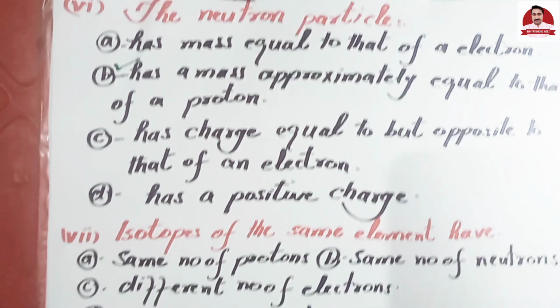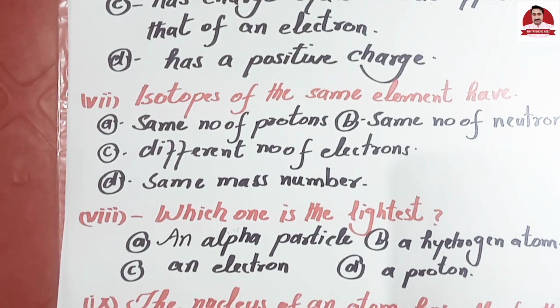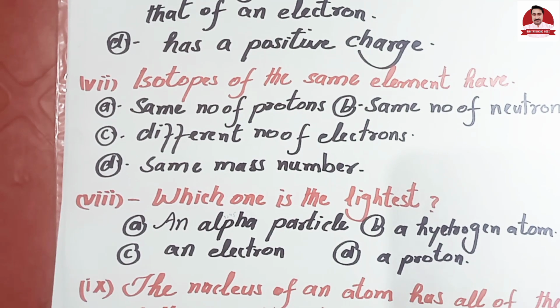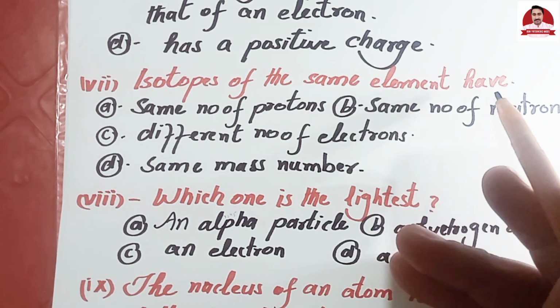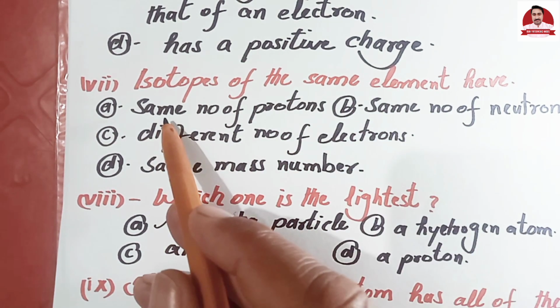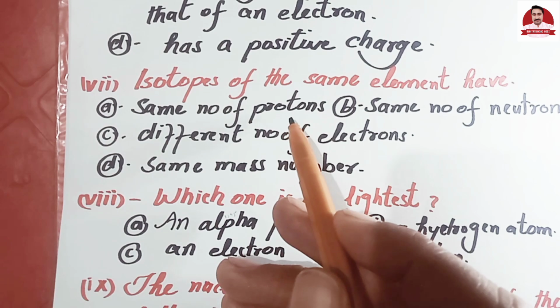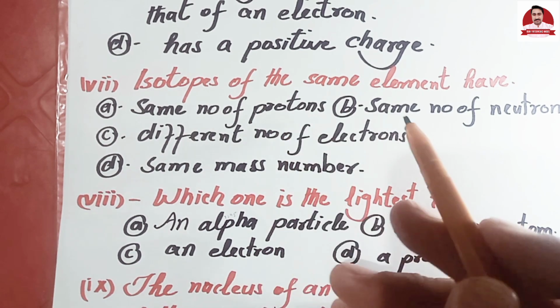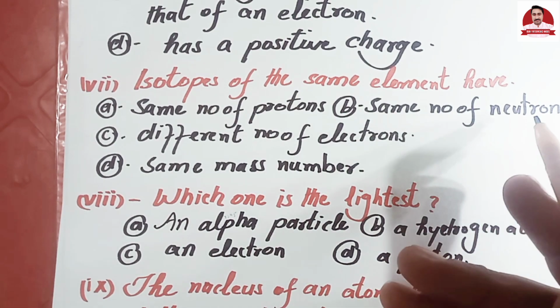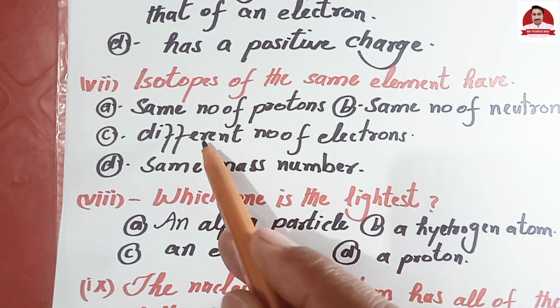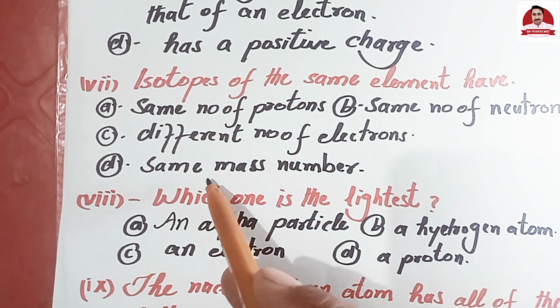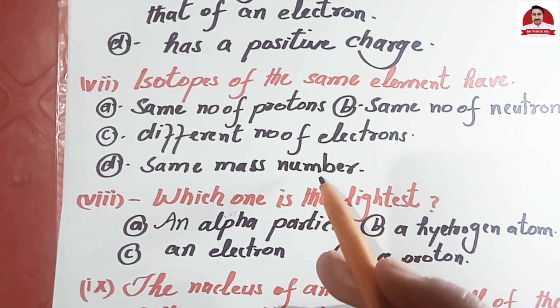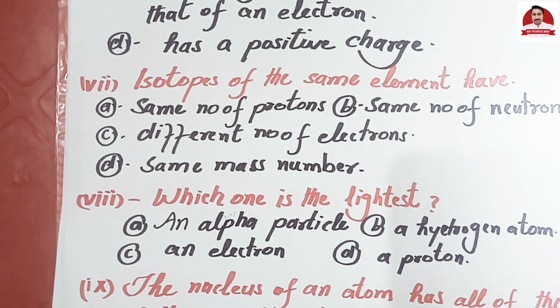Next, question number 7. Isotopes of the same element have: same number of protons, same number of neutrons, different number of electrons, or same mass number.